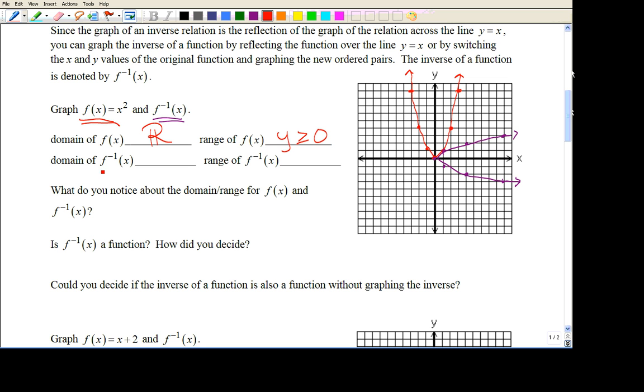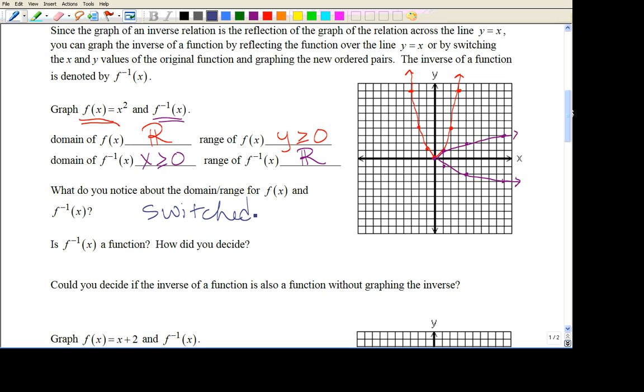And the domain of the inverse of f(x) is the x values greater than or equal to 0, and the range is all real numbers. So what do we notice about the domain and range for f(x) and f^-1(x)? Well, they're switched.